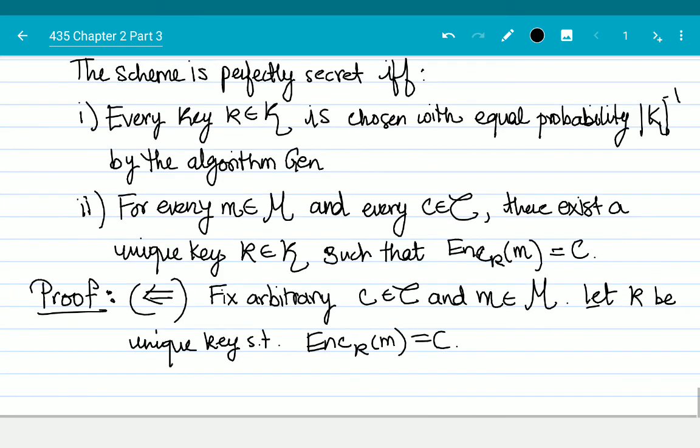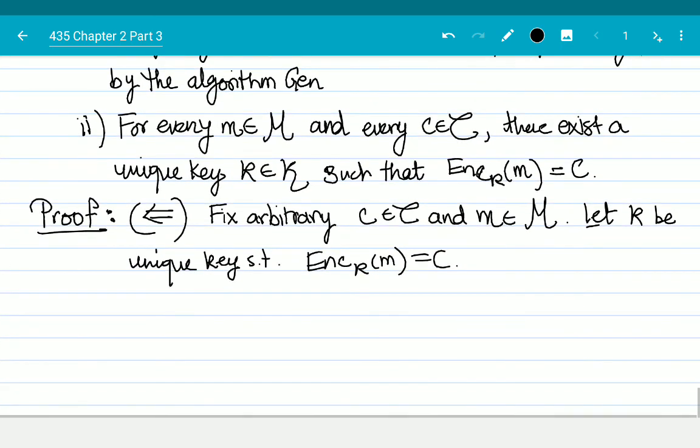Right? This key is guaranteed because of condition 2. Such a key exists.